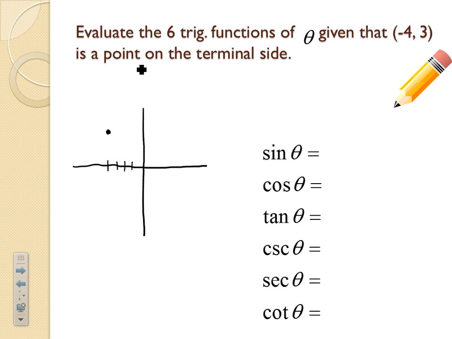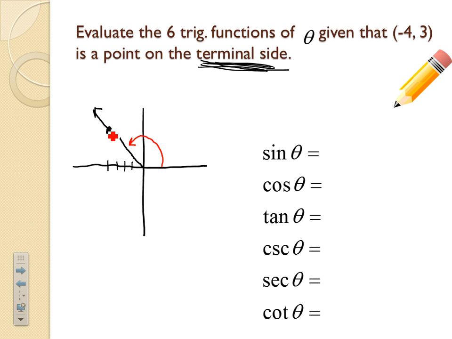Now, it says it's on the terminal side. So if it's on the terminal side, I know that that point is going to go through the terminal side of my angle. So my angle is actually this angle right here. Now I don't know the degrees, but I do know that that's the angle that I'm drawing. Okay?